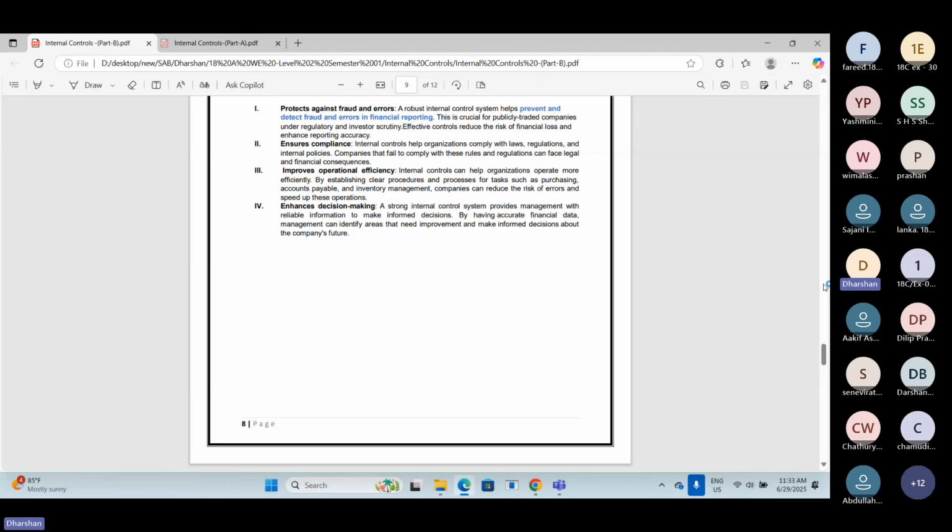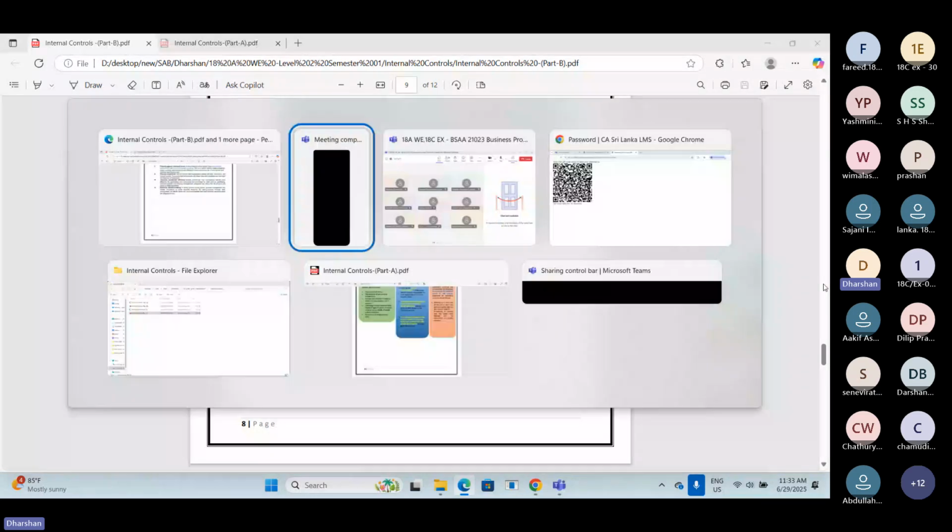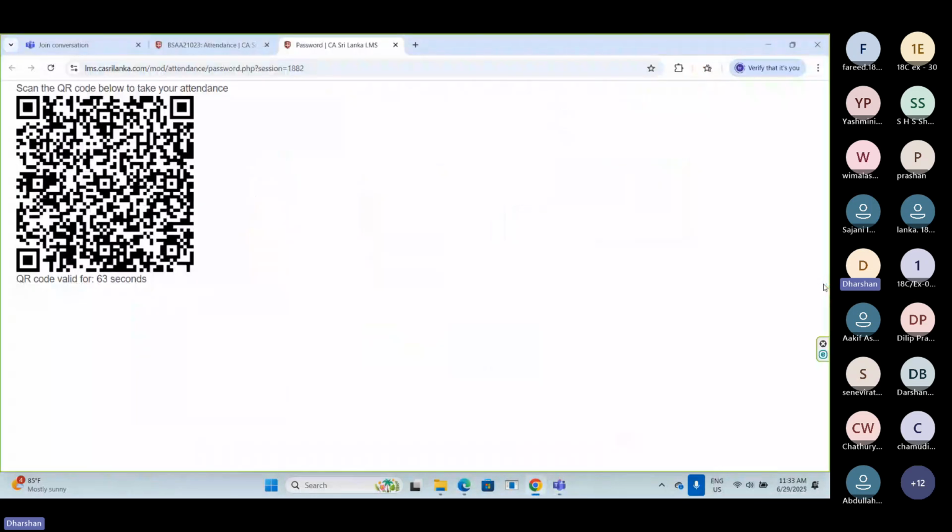So these are the things I wanted to tell. Whoever has not marked the attendance, just try this one. If this is not supported, just let me know.